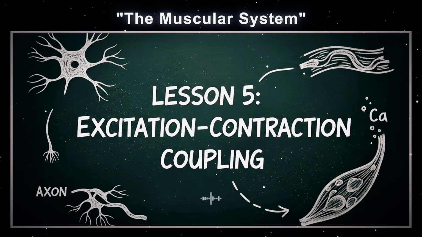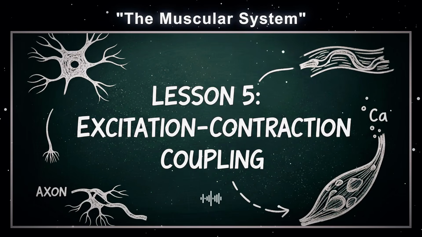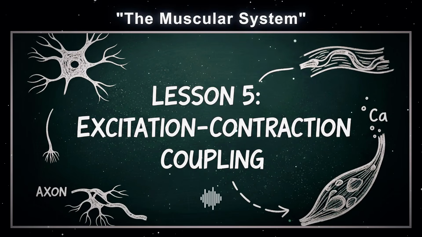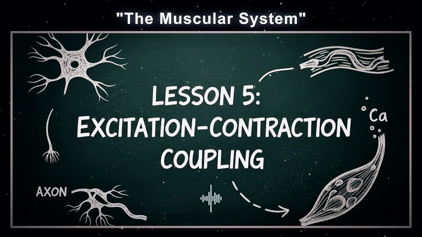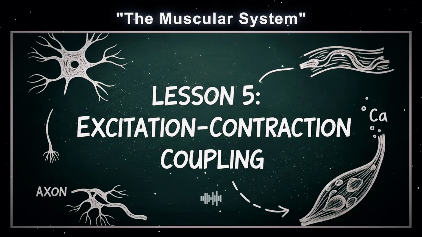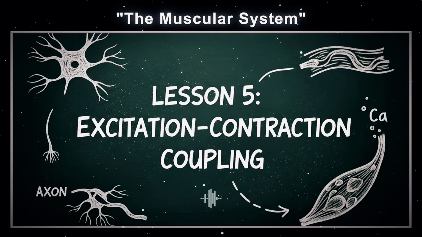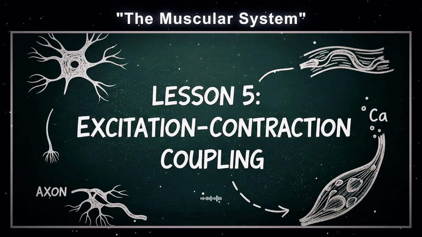Let us take a moment to integrate this complex dance into a single, flowing mental movie. Visualize the action potential, the spark racing along the surface of the muscle. See it dive down the T-tubules, plunging deep into the interior. See it trigger the voltage sensor, which yanks open the gates of the sarcoplasmic reticulum.